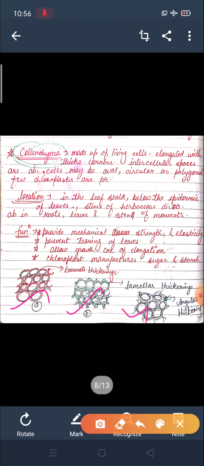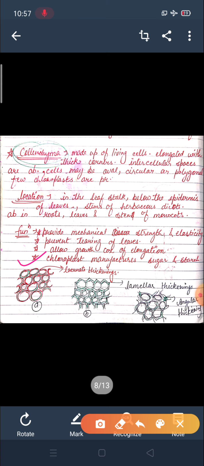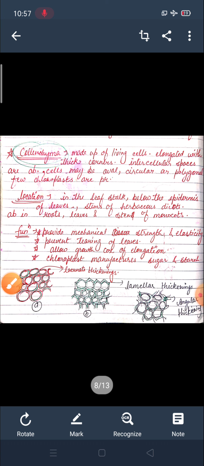This is lamellar thickening, that is the thickening of the tissue. It is angular thickening. Angular means where the angle formation takes place. Right? Now the last function is that chloroplast manufactures sugar and starch, as we know that in the photosynthesis process the organic substance is formed.